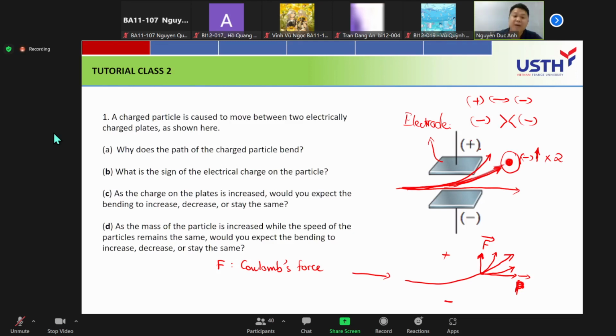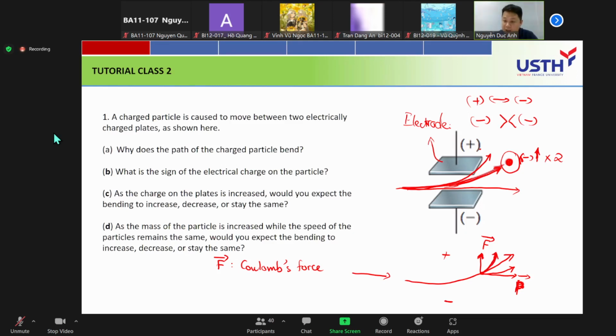So it means that if you increase the charge of the particles, or you increase the positive charge of the electrode, now you will increase the interaction between the electrode and particles. So by that way, you will increase the Coulomb force, and then they will move this way, or more bend.